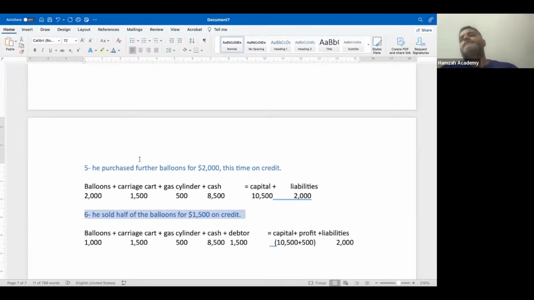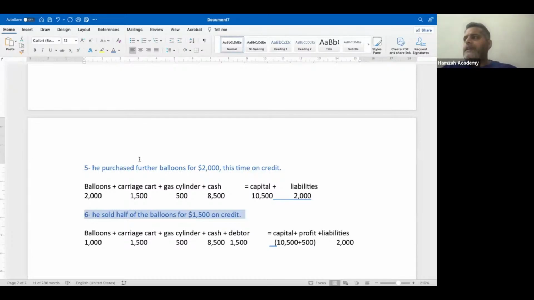You must have noticed something. Don't worry. I mean, if it's getting overwhelming or something, just relax. Obviously, when you're going to revise it, it will be clear to you. Just keep this one thing in mind. After every transaction, the accounting equation must be balanced and will always balance.